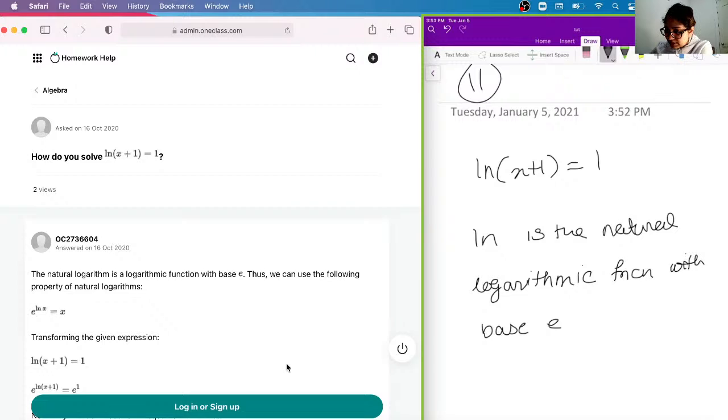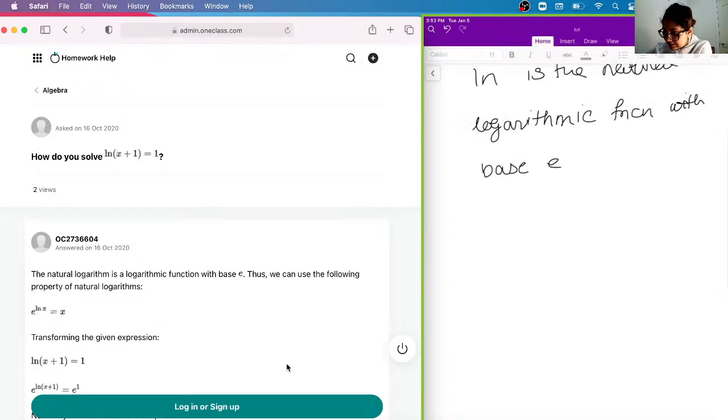And so we can use the following property of the logarithmic functions. Basically you can say that e to the power of ln of x is equal to x, since this gets cancelled out. It's basically the inverse. And so then we transform the given expression.